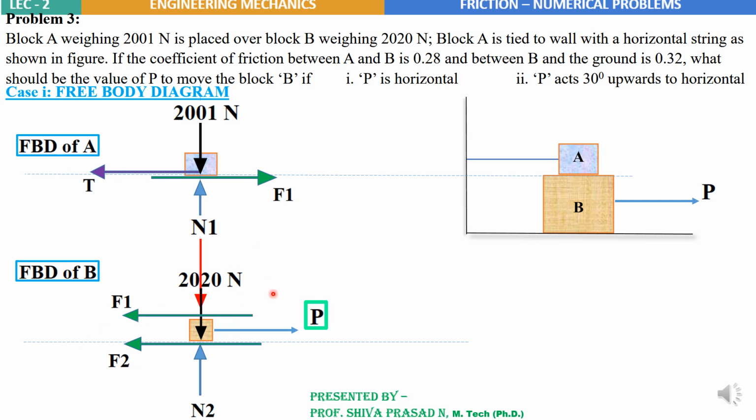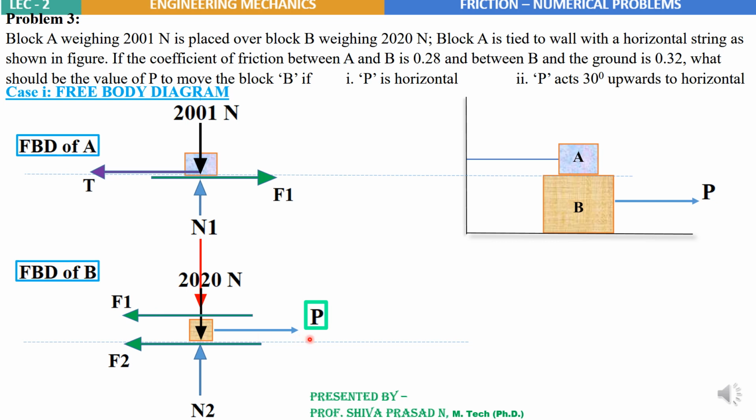You can justify the direction of F1 in two ways. Just because F1 for A is on the right side, F1 for B will be in the left side.